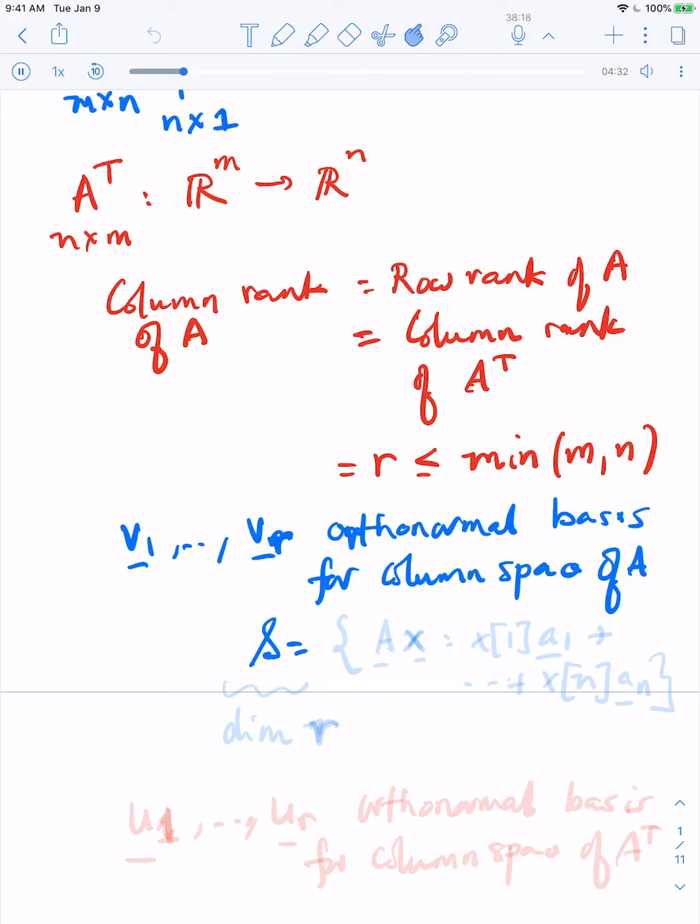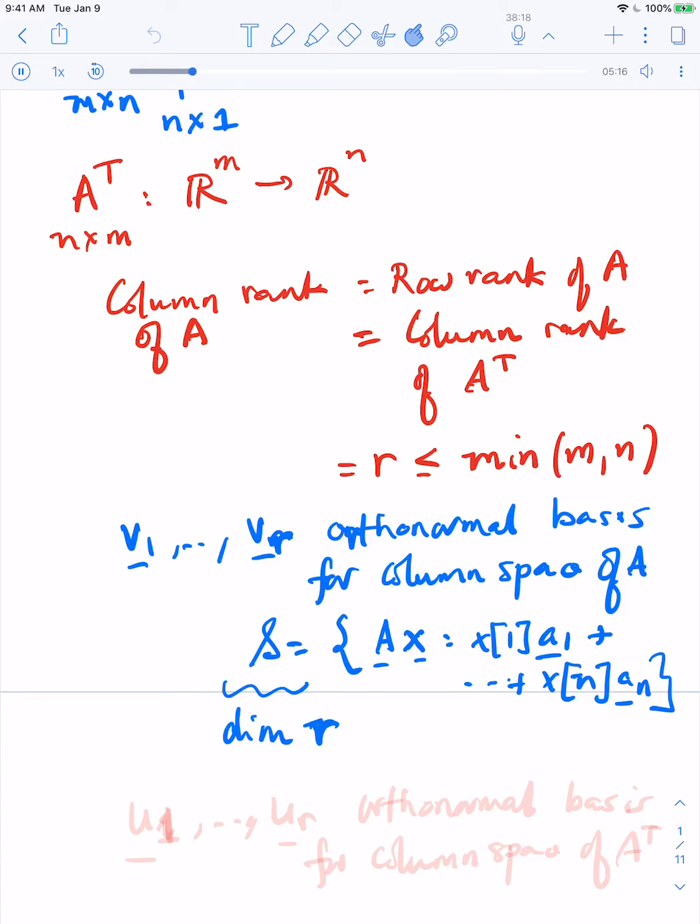It's the subspace of AX. Remember what AX is, right? It's x1 times column 1 through xn times an, where x can vary over all possible vectors, right? How many columns does it have? n columns. And this is a subspace of Rn and I'm calling its dimension R. R may be as big as n, but it cannot be bigger than the minimum of m or n, right?